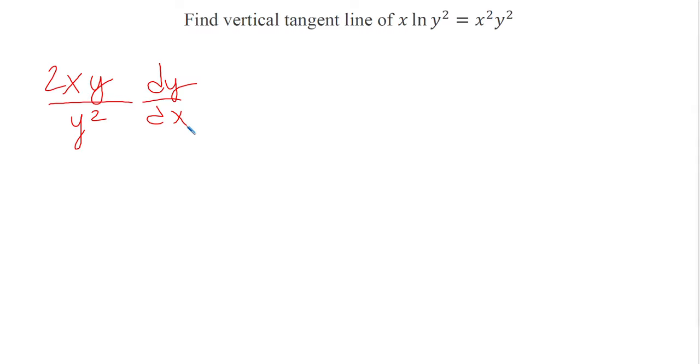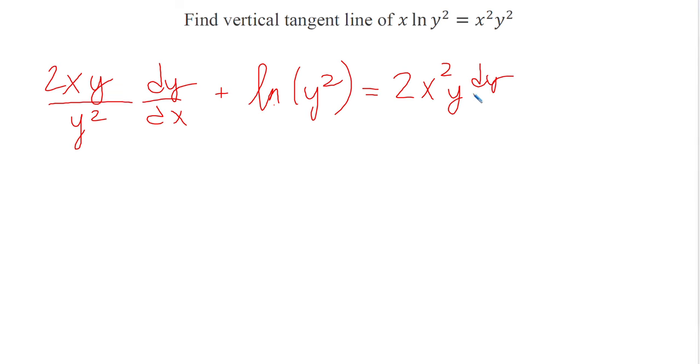And then we will add to that the derivative of x, which is 1, and then the natural log of y squared. Then we will do the product rule on the other side, which gives us x squared times the derivative of y squared, so that'll be x squared times 2y dy dx, and then plus the derivative of x squared, which is 2x, times the y squared.